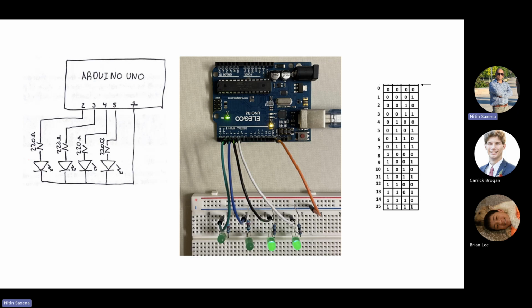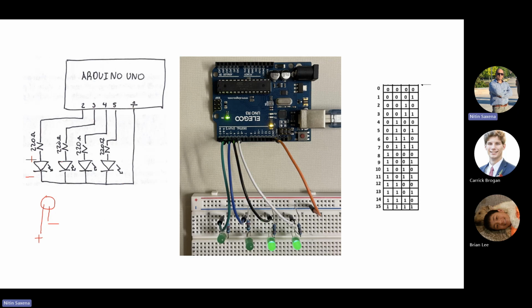We can identify it by the legs of the LED: normally the longer leg is the positive terminal and the smaller leg is the negative terminal. This then goes to the ground.